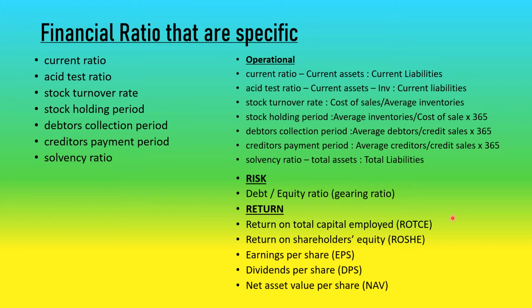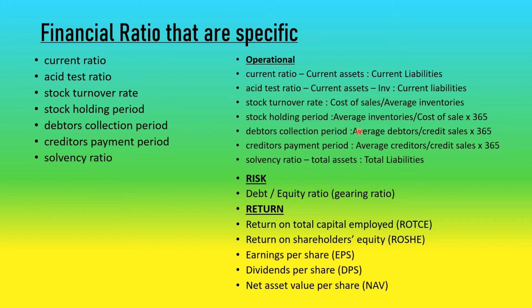Your stock holding period. Every time you're calculating a ratio that is a period, that is the number of days you want to know, you'd have to convert that ratio into the number of days. And to convert it to a number of days, you've got to multiply it by 365. So in this case, your stock holding period, how long are you holding stock?